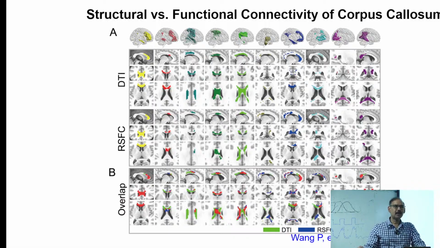We are also looking at development from infancy to 12 or 13 years of age. I had mentioned there is this ABCD data, Adolescent Brain Cognitive Development.